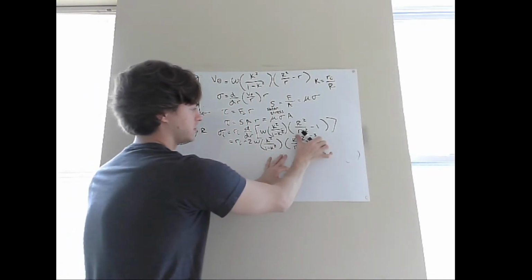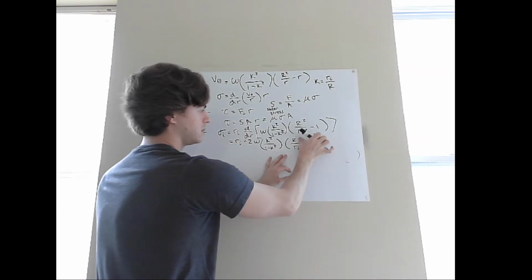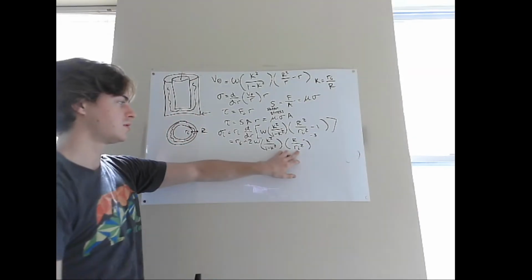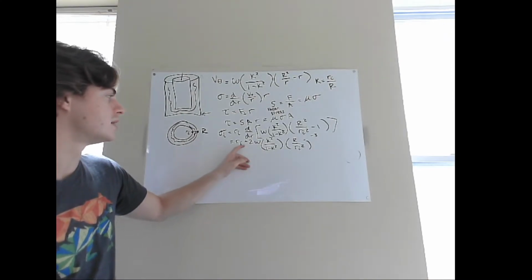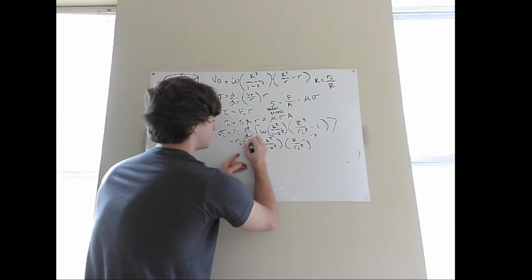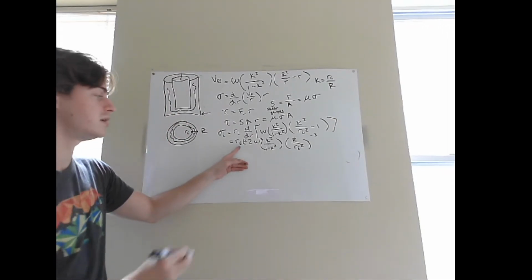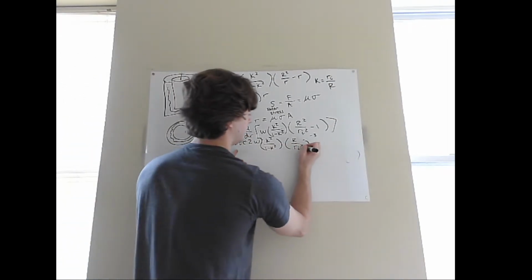So just gonna erase this right here so you can see it a little clearer. And so if you see, we have the inner radius squared in the denominator and the radius squared, or just the inner radius over here. So this will cancel out with this.